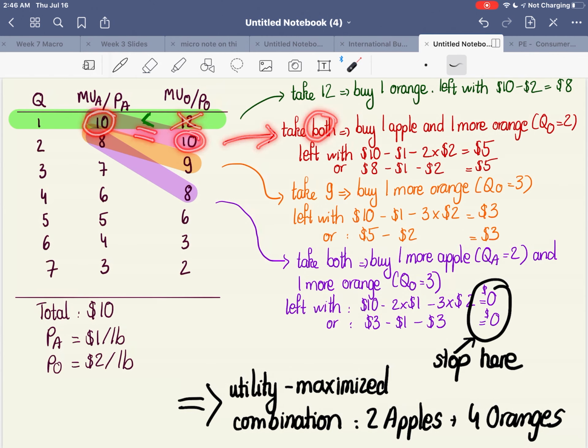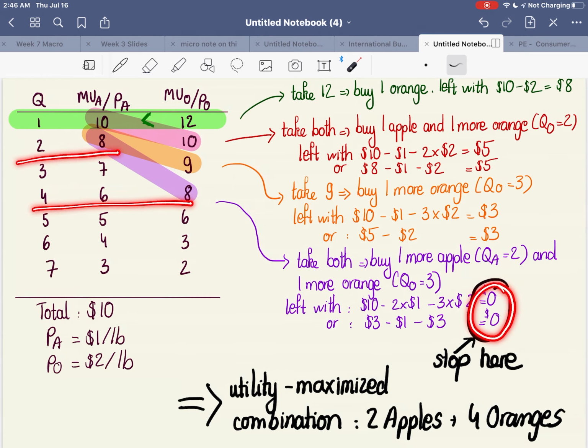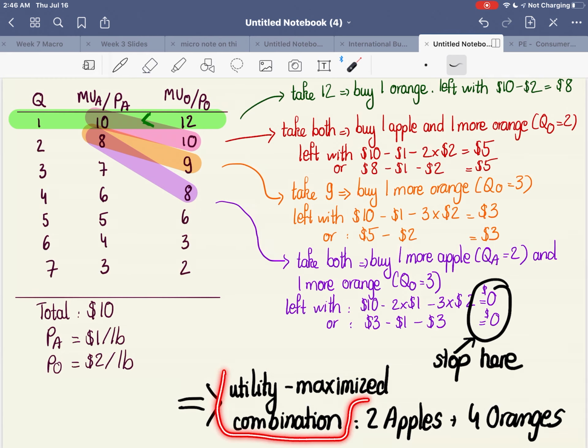The first unit of apples would cost you an additional $1, and the second unit of oranges would cost you an additional $2. Now, you are left with $5. You will keep doing this until your remaining money is 0, which is when you buy the fourth unit of oranges and the second unit of apples. This means that your utility maximizing combination is 2 apples and 4 oranges.